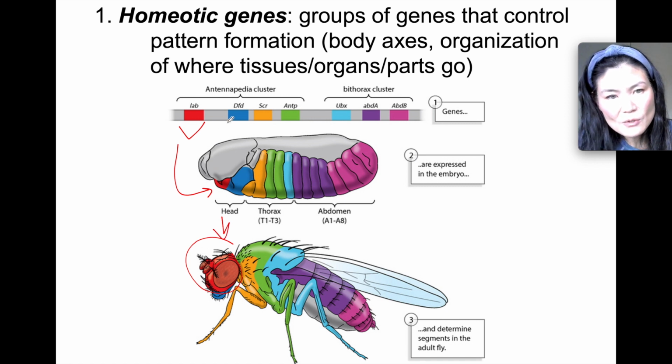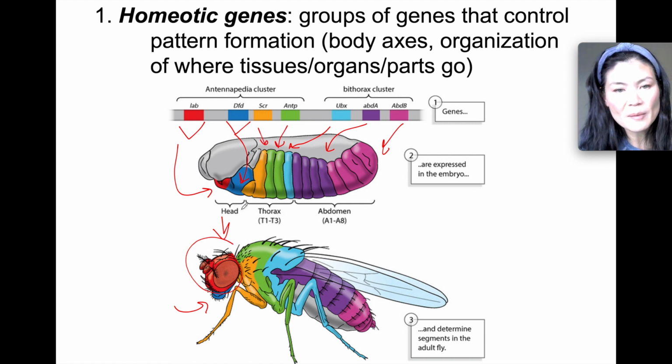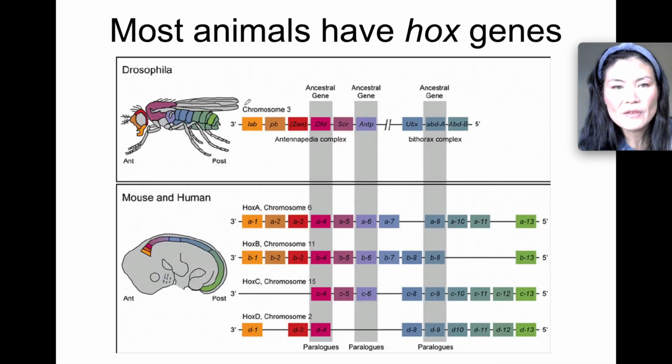And the DFD gene has to be activated in that segment of the embryo in order to get the mouth of the fruit fly's head. So this is a color coordinated diagram that shows you how these homeotic genes need to be turned on in the right place, or else you're going to get the wrong body part growing in the wrong place. It determines the segments of the adult fly.